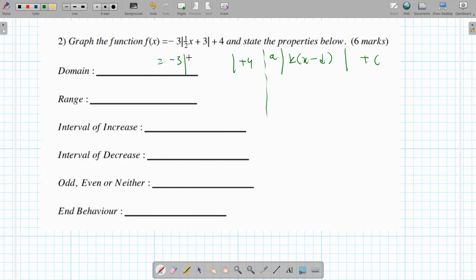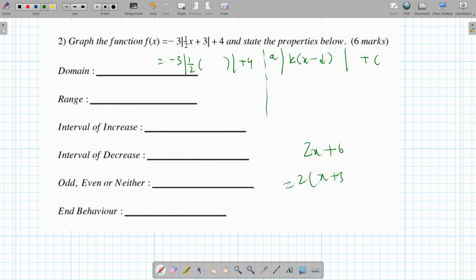So if I pluck out 1/2, what am I left with in the bracket? X plus 3? No, x minus 3? Oh wait, x plus 6. Whenever you're taking this out, always divide it.